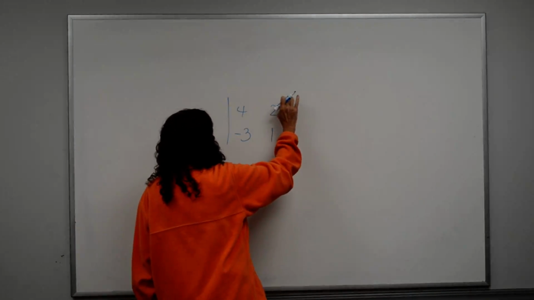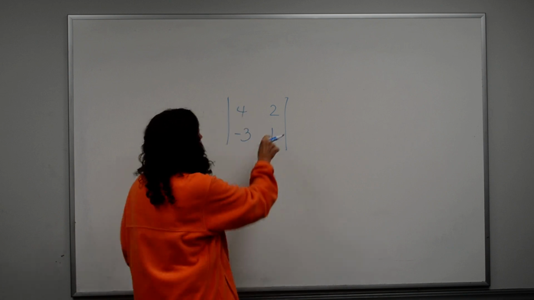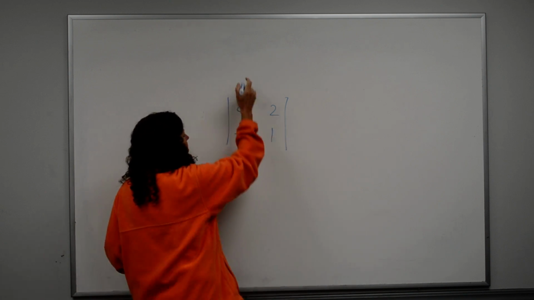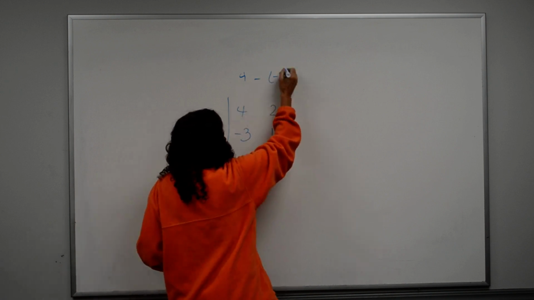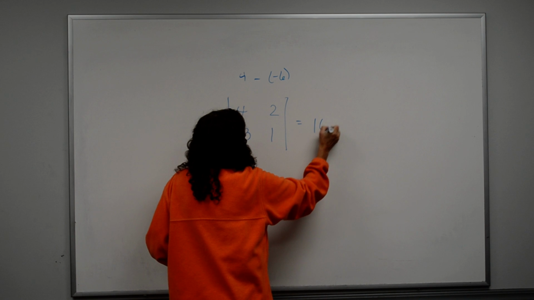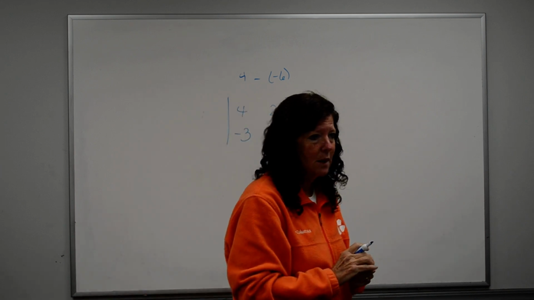It almost looks like absolute values. But when it shows you that, then what you're going to do is multiply and then subtract. And the determinant is a number that represents that matrix.